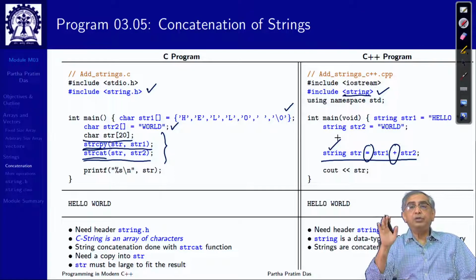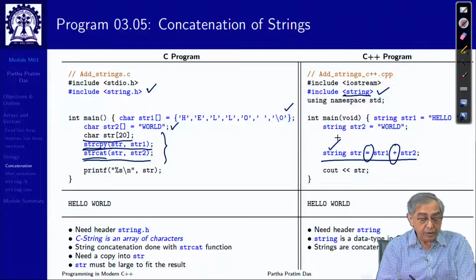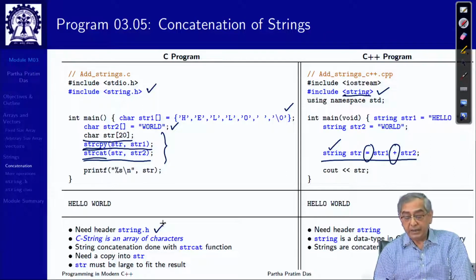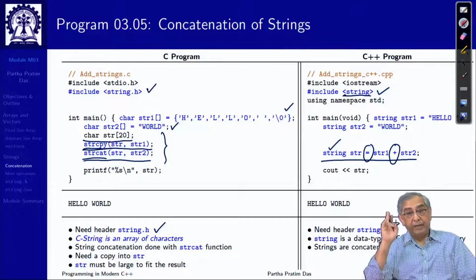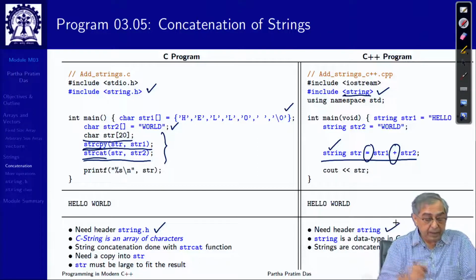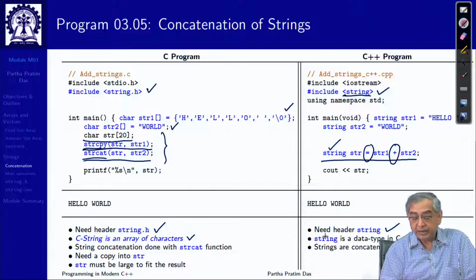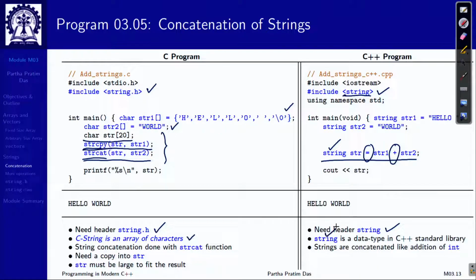So, it gives a huge advantage in terms of using this. So, if you compare, there is a need for string.h in C, there is a need for string, again mind you not cstring. A C string is an array of characters, whereas string is a data type, which internally may keep a C string. We will talk about that later, but so far as use is concerned, you can just treat it as a data type.